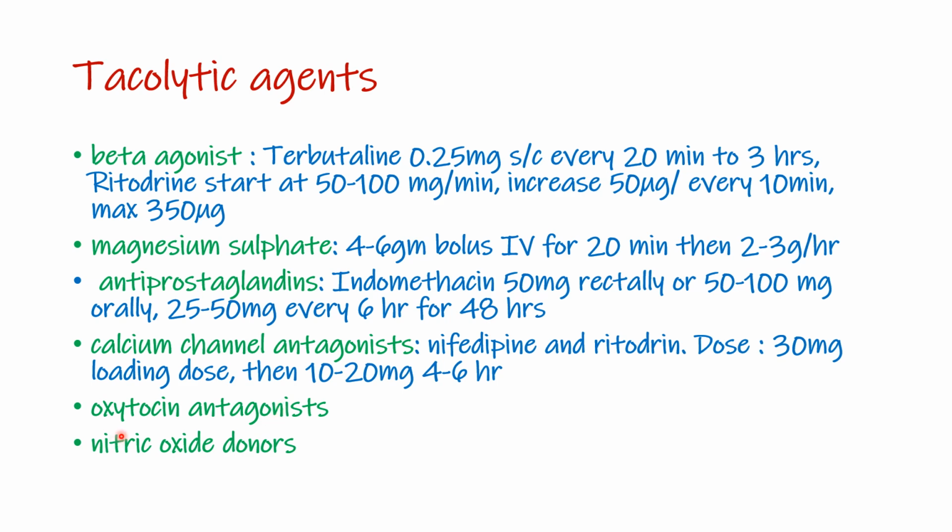You can also use oxytocin antagonists and nitric oxide donors. All of these, through their mechanisms of action, result in inhibition of uterine contraction. Also, kindly note that prostaglandin inhibitors and NSAIDs, if used after 32 weeks, will usually lead, as a side effect, to premature closure of the ductus arteriosus.